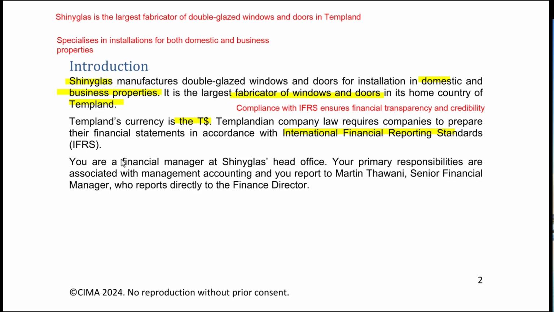And then we learn, as we expect, we're financial manager at Shinyglas's head office. So we're focusing on management accounting practices, as we imagine. So we're at the heart of strategic planning and operational efficiency. Now we are reporting to the senior financial manager, and they in turn report to the financial director.